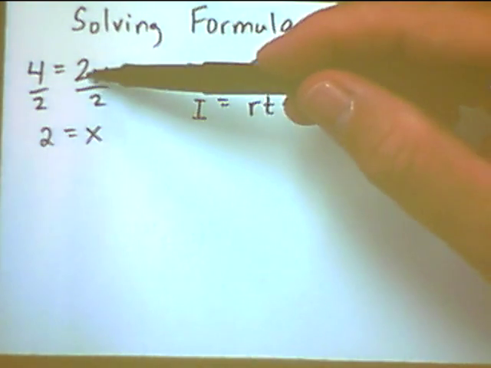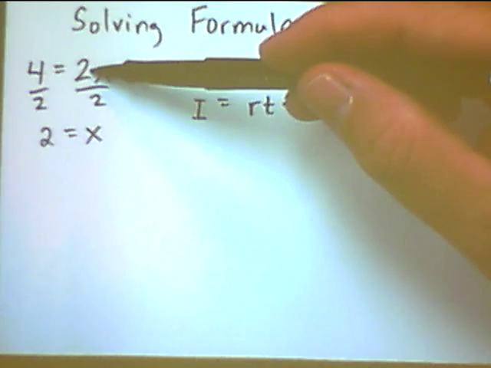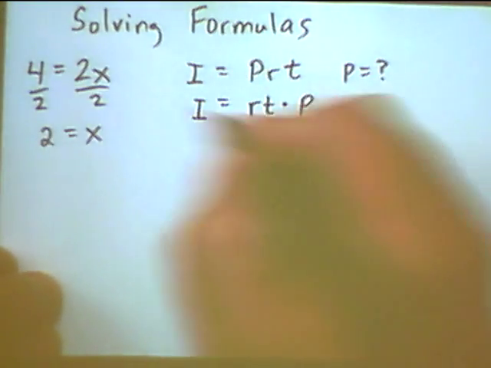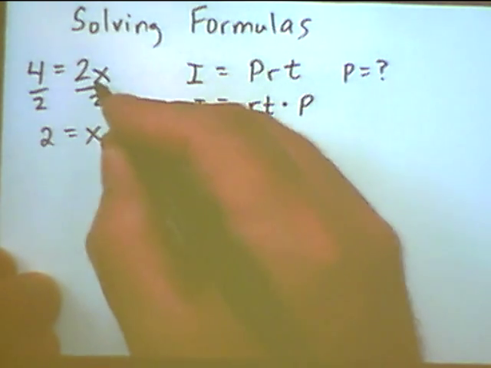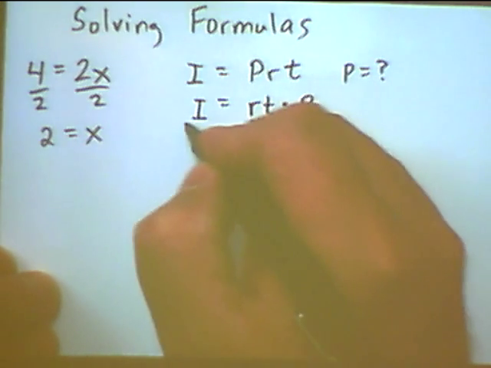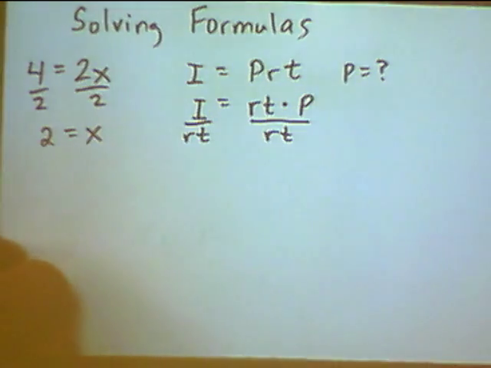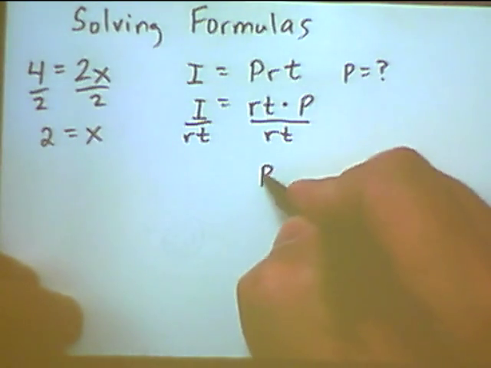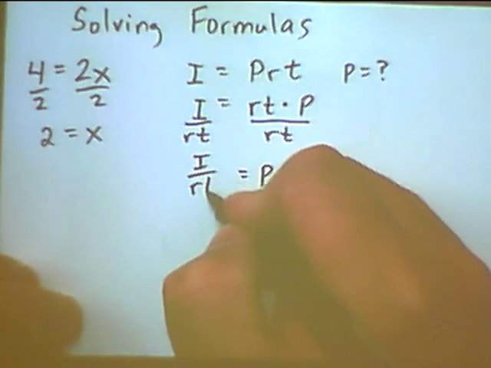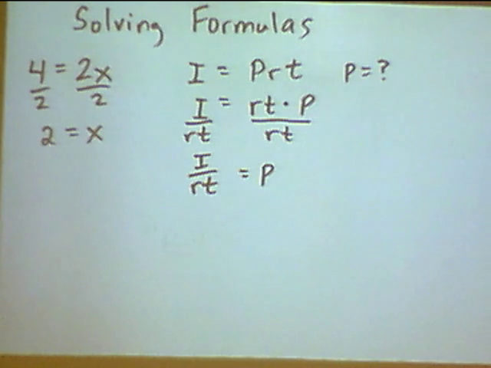Well, what did I do over here? I divided both sides by whatever was in front of the x. Here, I'll divide both sides by whatever is in front of the p, or whatever is multiplied by the p. And therefore, on the right-hand side, you have p. On the left-hand side, you have I over RT. So now we have solved this equation for p.